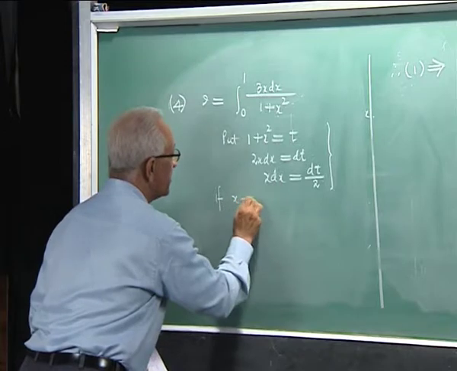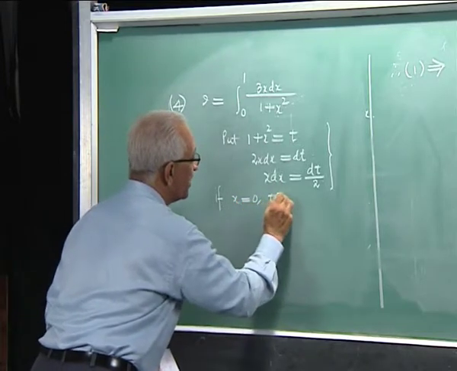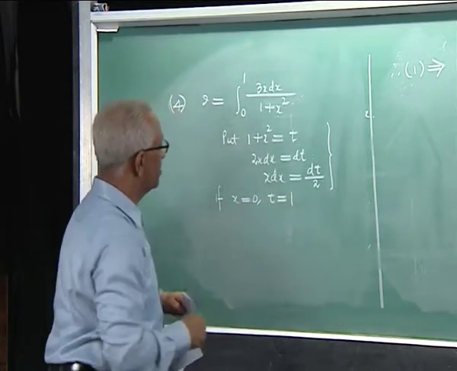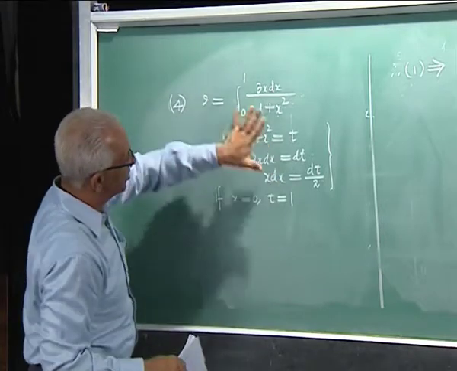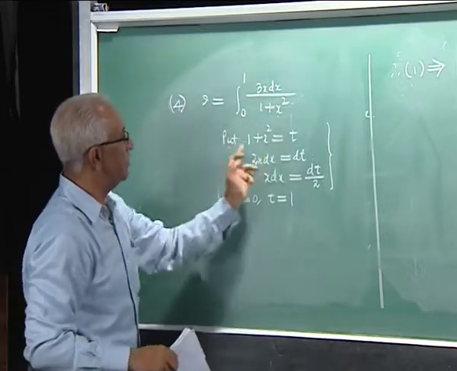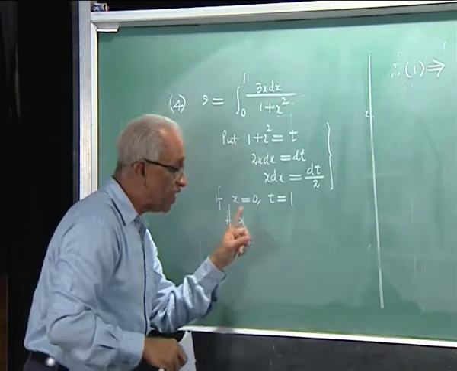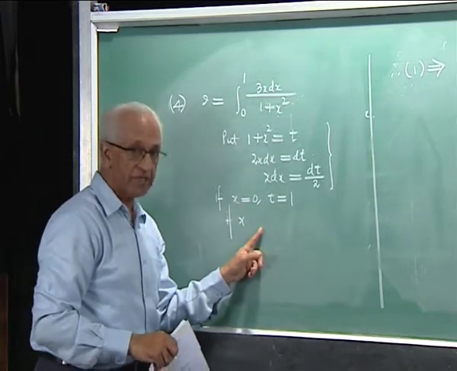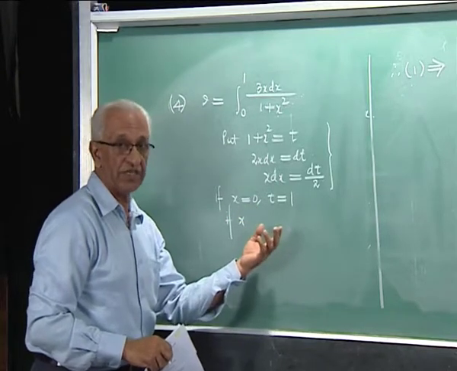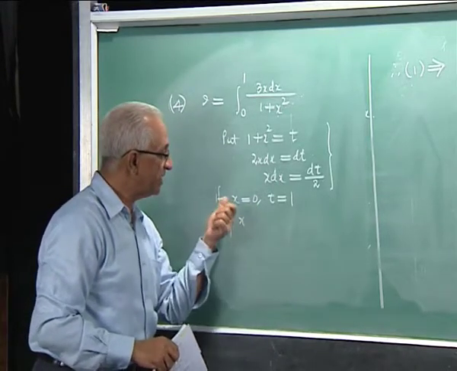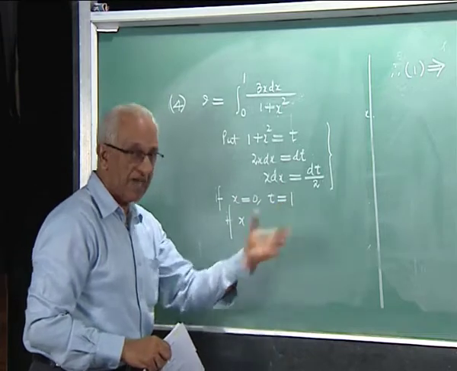If x is equal to 0, t will be equal to 1. This you will have to write on the fair page of your answer where you are solving, to show that the new limits for t are as under.